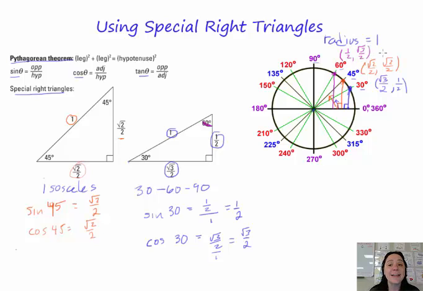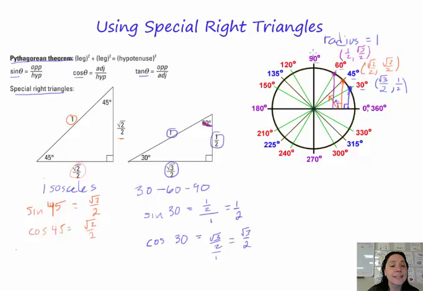So as we extend our definitions of sine and cosine to use these reference angles as we go the rest of the way around our unit circle in the next lesson, then I am able to find the sine and cosine values using these special right triangles for all of the angles that are listed in red or blue on my unit circle.